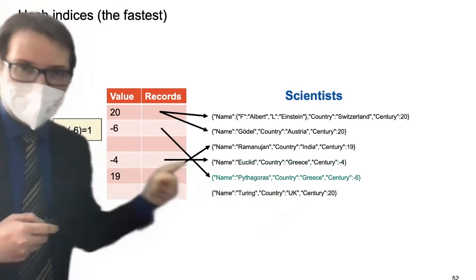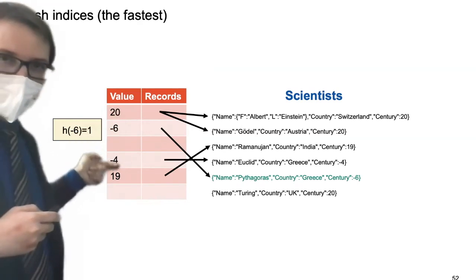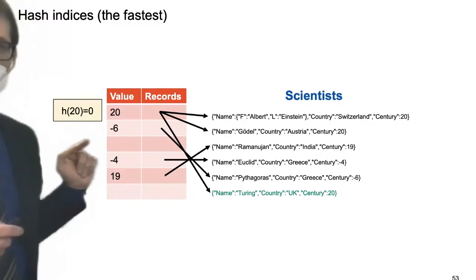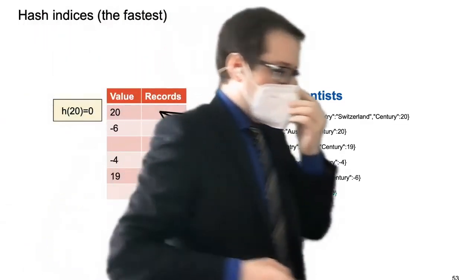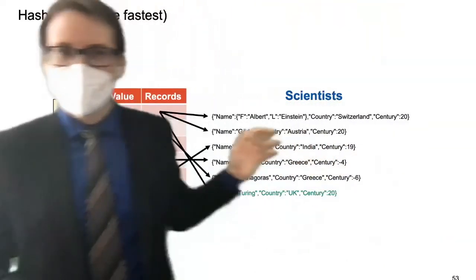Then I have -6, H gives me 1, so 0, 1, 2, 3, 4, 5, right? Again, that's the position. And 20 gives me 0. Now, the behavior of H is kind of unpredictable as a human. It's just like randomness. So it looks like it just picks a random position, but it's always the same position. That's what's important.